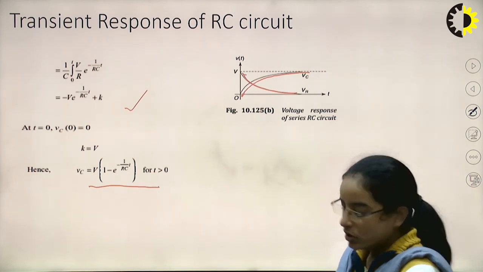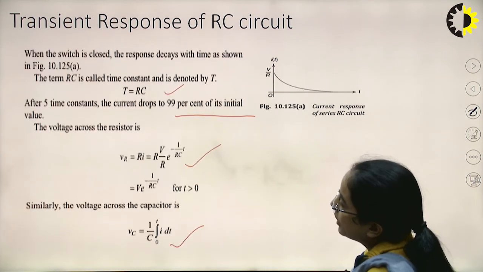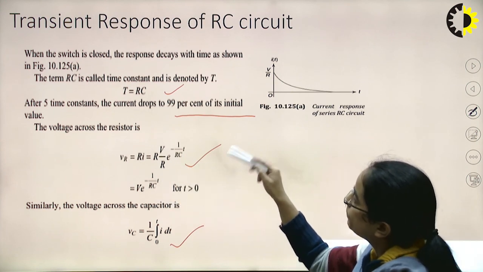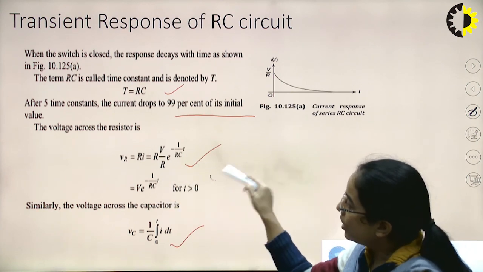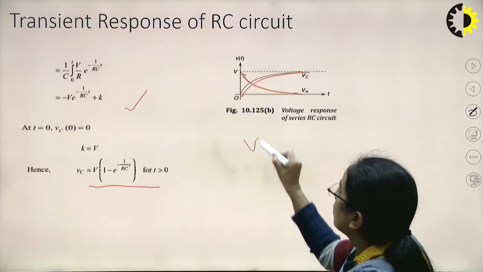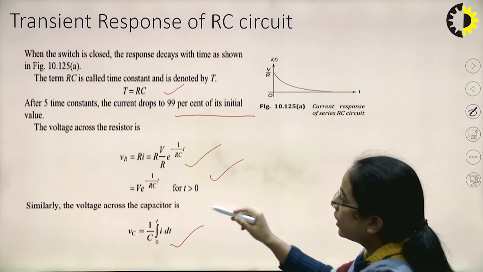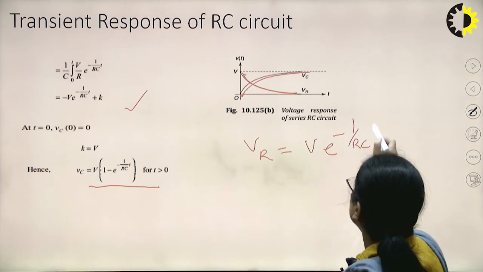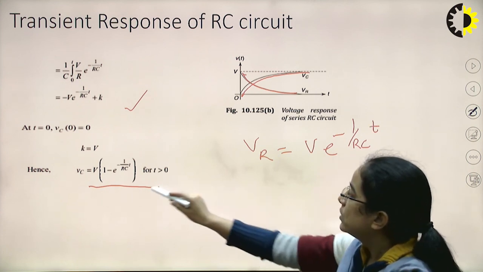What we discussed here: we calculated the voltage across the resistor, VR. VR is V e to the power minus 1 by RC into t, and VC is this.